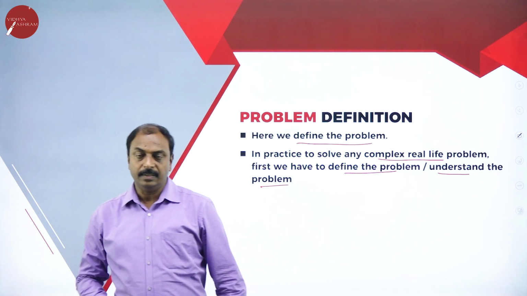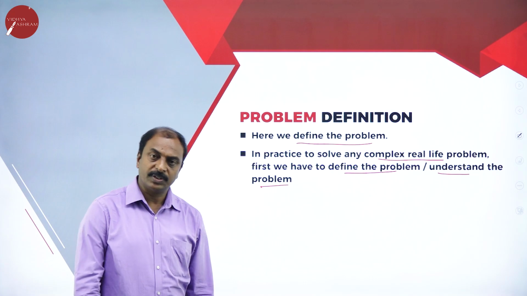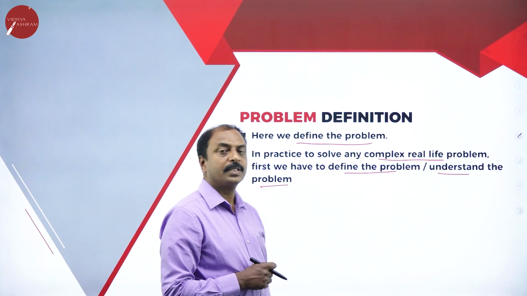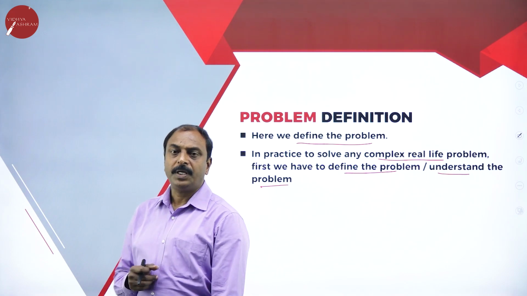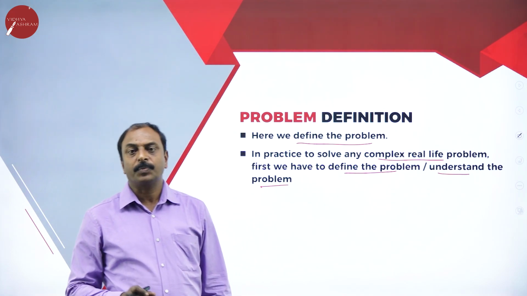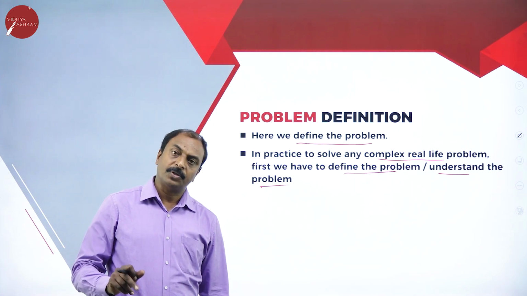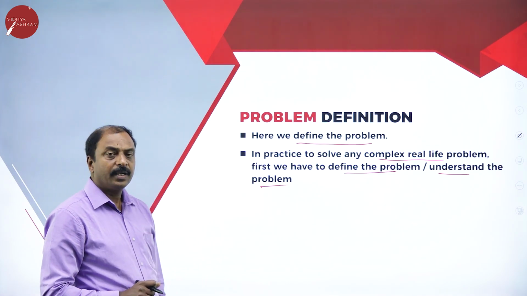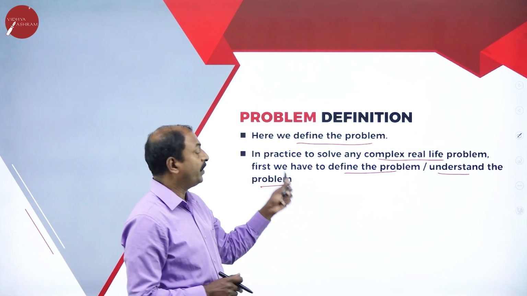In general, if you want to solve any type of problem, first of all, the user or the programmer should know what the problem is. And since a computer is a machine, the user or the programmer has to give proper instructions to solve a particular problem. In that way, the programmer or the user must understand the problem very well.